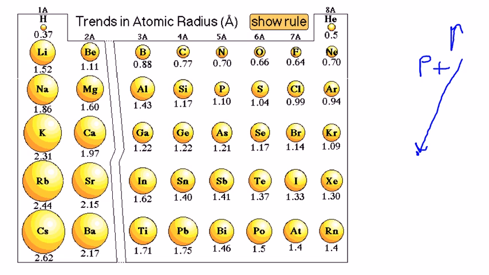As I have more and more positive charge in the nucleus, it's going to pull the electrons in toward the nucleus more, and in essence it's going to shrink the radius of the atom. It's perhaps a bit more complicated than that, but that's a good qualitative way of looking at it, at least at this point.